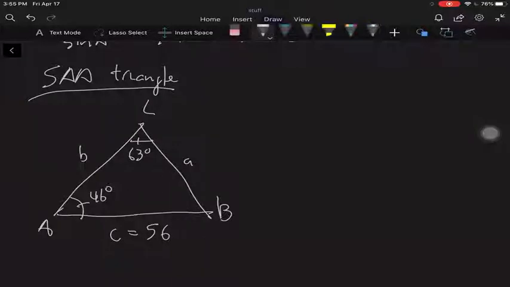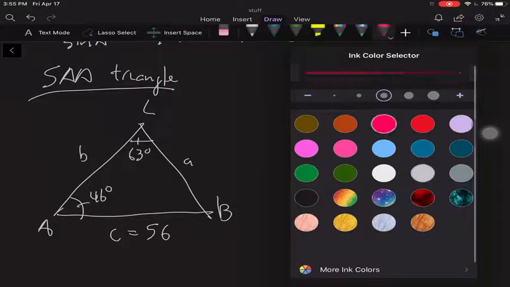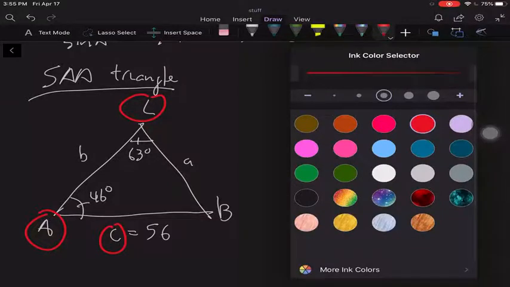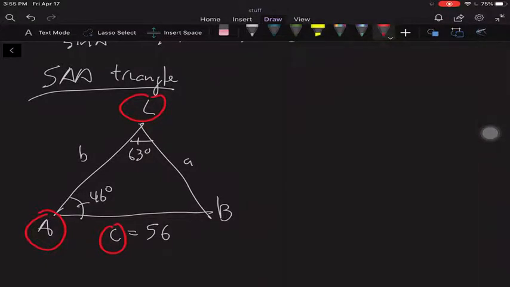As you can see, we have 2 angles given. We have information for angle A and angle C, and then we have side c given, and that is why we have an angle-side-angle triangle.